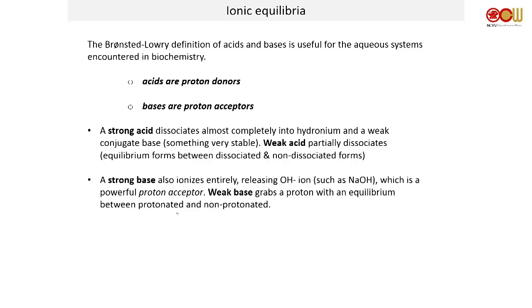Again, a strong acid is something that dissociates almost completely into hydronium and a weak conjugate base. A weak conjugate base is something very stable, for example, Cl minus. A weak acid partially dissociates, meaning that you have an equilibrium between the dissociated and non-dissociated forms.